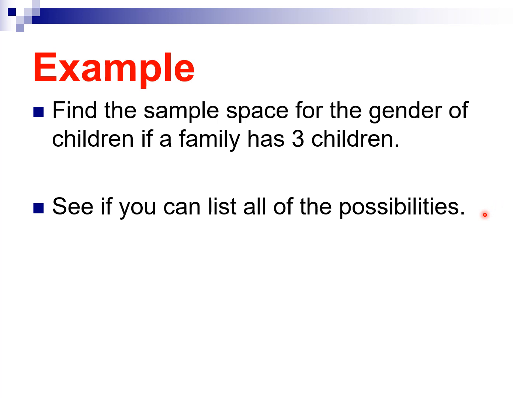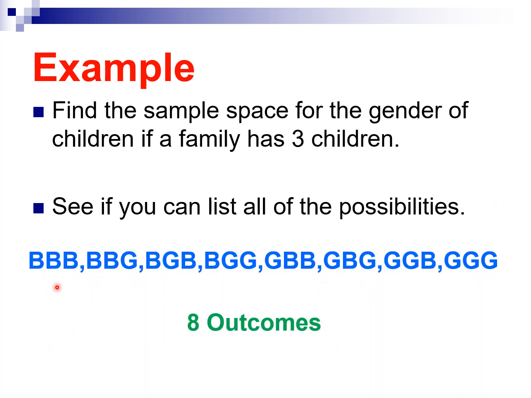If we are going to list it, we have 3 boys; 2 boys, 1 girl; 1 boy, 1 girl, and another boy; 1 boy, 2 girls; 1 girl, 2 boys; 1 girl, 1 boy, and another girl; 2 girls and 1 boy; and 3 girls for the last listing. So in total, we have 8 outcomes.